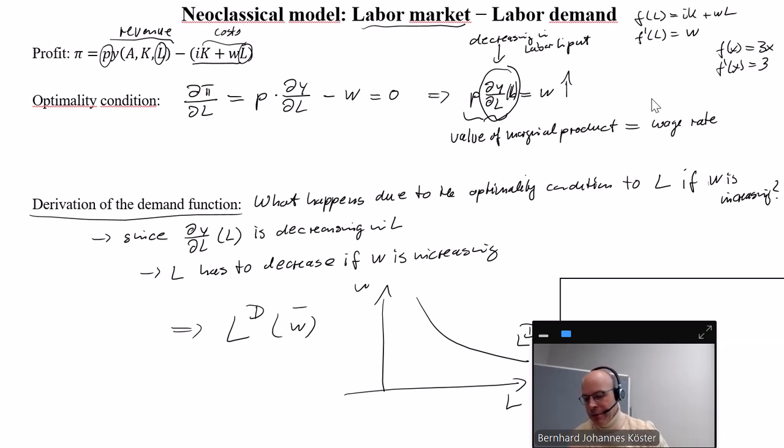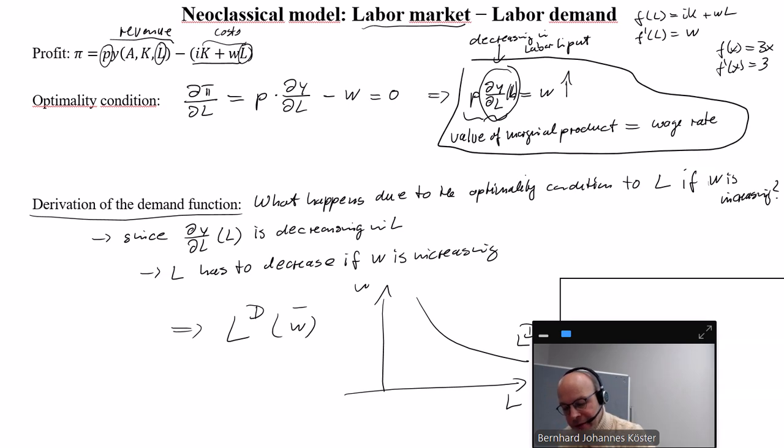So from this, we obtained the traditional optimality condition: the value of the marginal product of our input factor, in this case labor, has to be equal to the price of this input factor, in this case just the wage rate. Due to the assumptions on the neoclassical production function, first derivative positive, second derivative negative, the first derivative depending on the labor input L has to be a constant number.